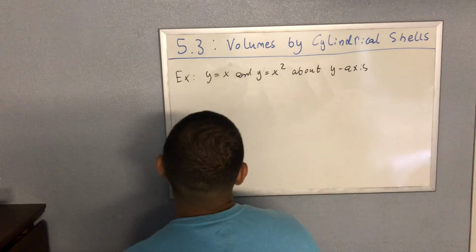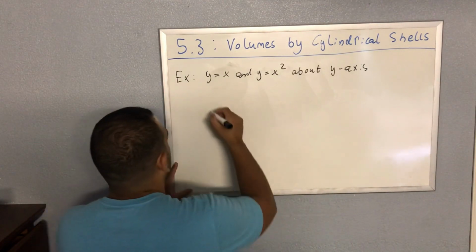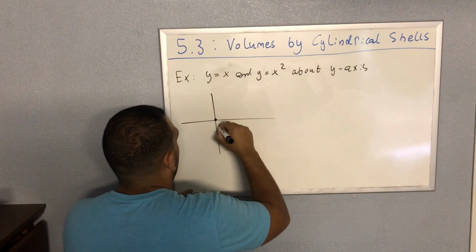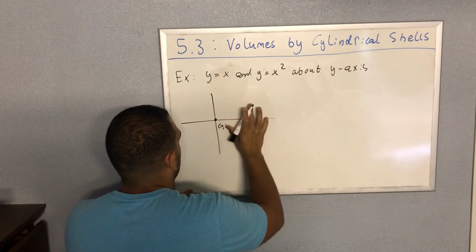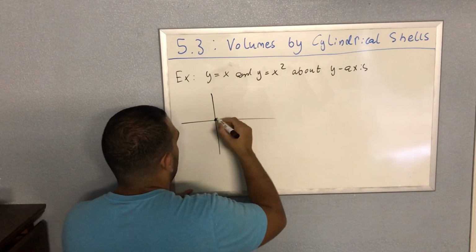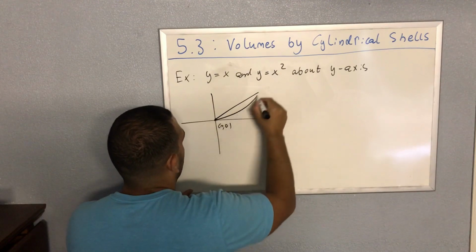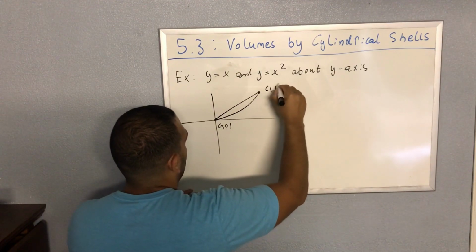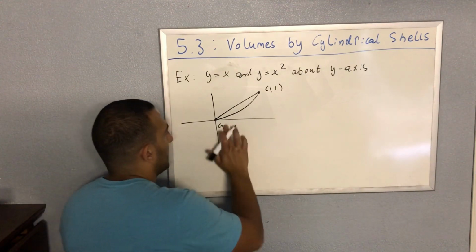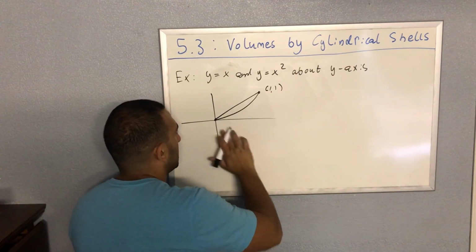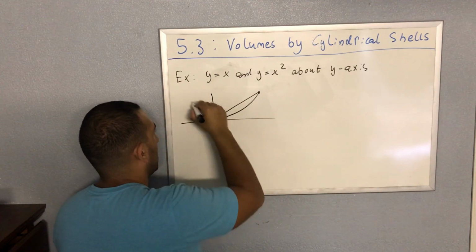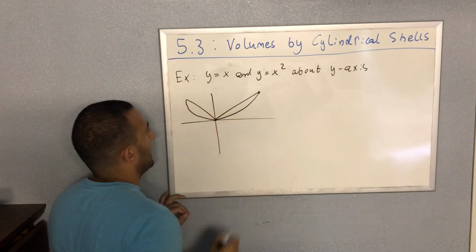But the shell method can also handle this. So remember that these intersect at the ordered pair 0, 0. And 1, 1, and that the line is on top of the parabola. So those are things that we remember. And then if we rotate this about the y-axis, then we get this shape here.